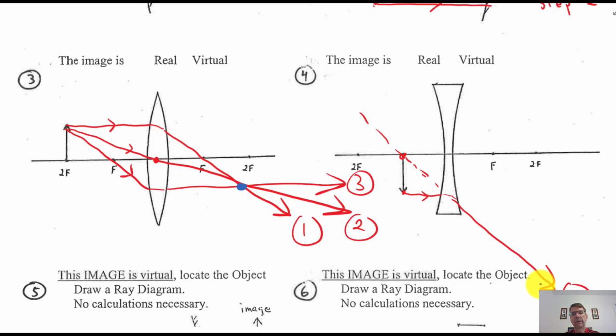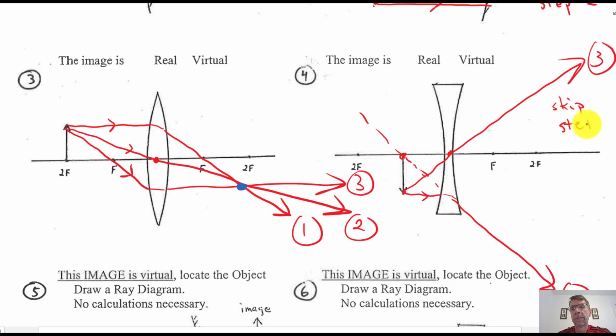And step 2 is pretty easy here. It's pretty consistent between all lenses and mirrors to a degree. I'm going to skip step 2, because it's not necessary and it's semi-complicated. It can throw you off.